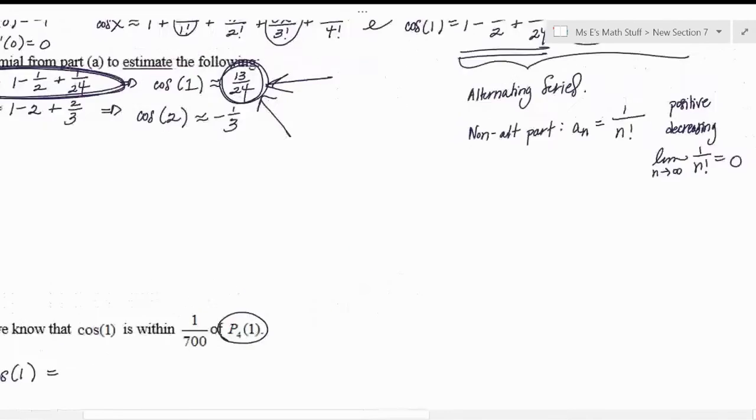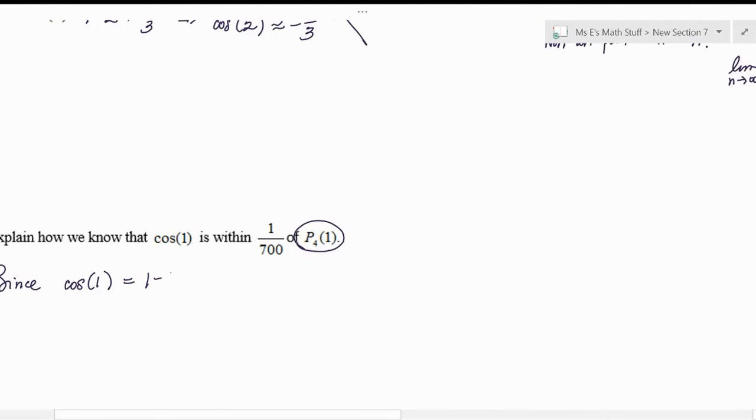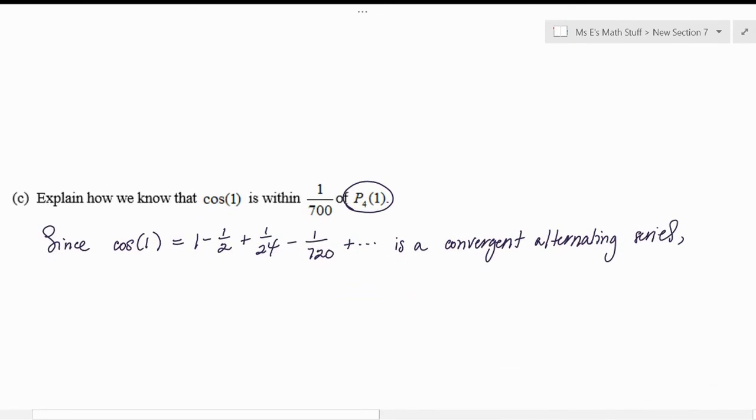So it would be exactly this: 1 minus 1/2 plus 1 over 24 minus 1 over 720, etc. Since this is a convergent alternating series, we could say that the difference between actual cosine of 1 and what we got when we added up the first three terms is always less than the magnitude of the first neglected term.